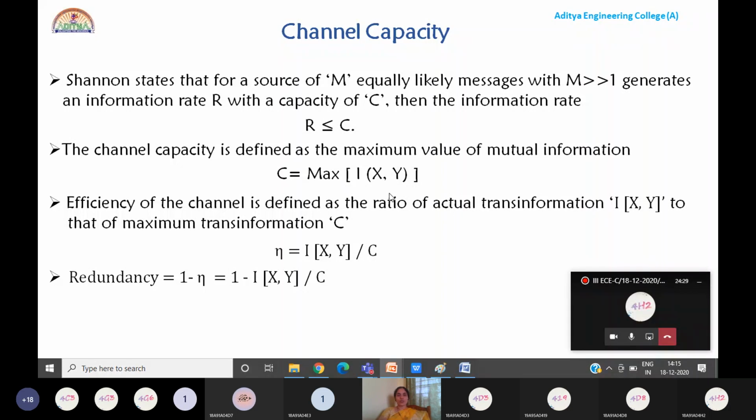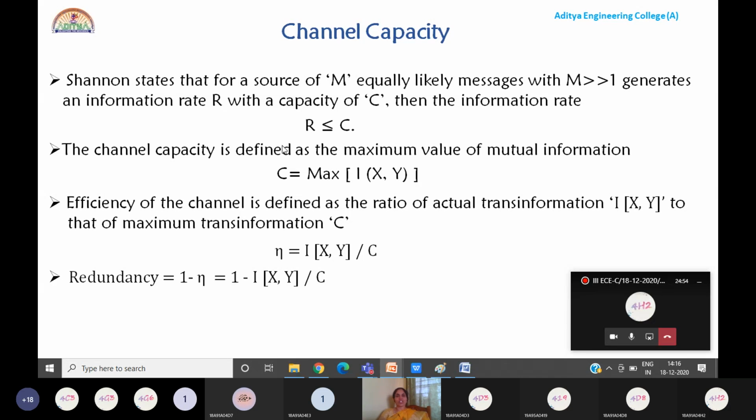You already know mutual information. It is defined as the difference between the uncertainties of the a priori probability and the a posteriori probability of the transmitter section, or of the receiver section. If it is the transmitter, it will be I of xj minus I of xj given yk.